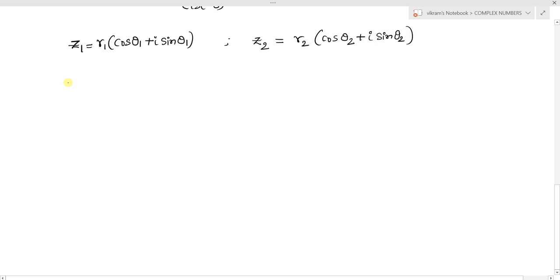Now what is the resultant z1 into z2? Multiplication of two complex numbers results in another complex number.